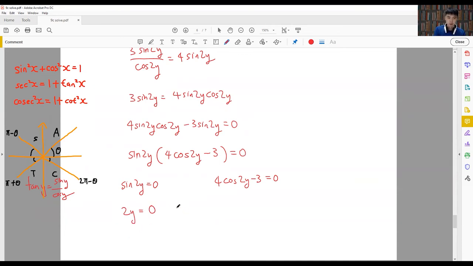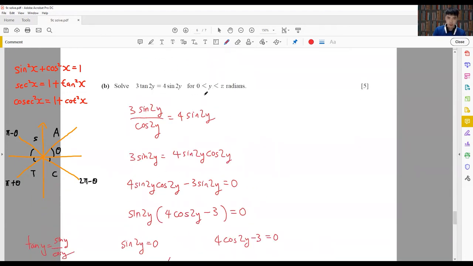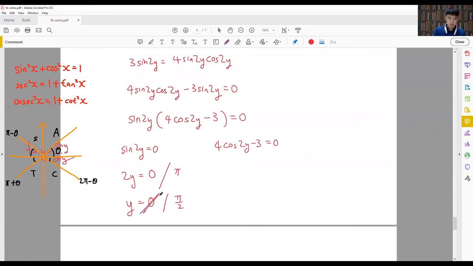So it's either 0 or pi, okay? Then y is either equal to 0 or pi over 2, in which case 0 falls off from the range here because it does not include 0, right? So this answer is cancelled. The first part here is y equals pi over 2.